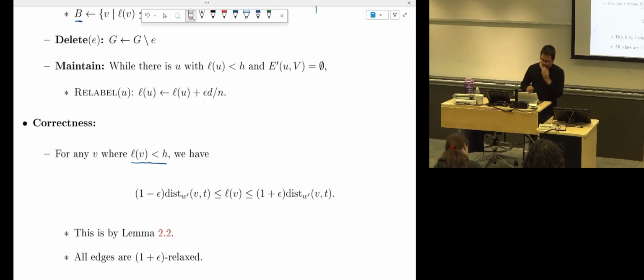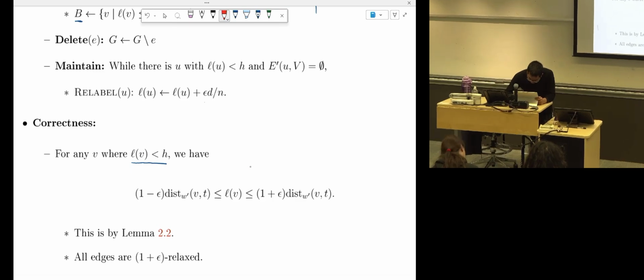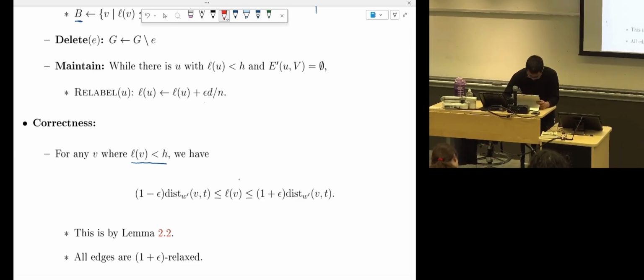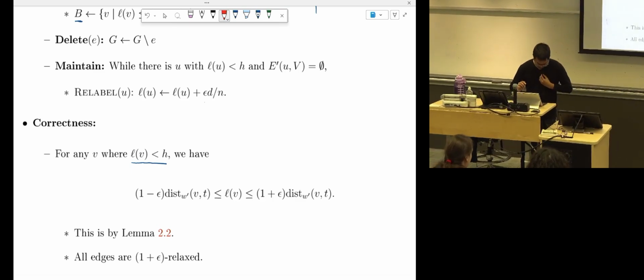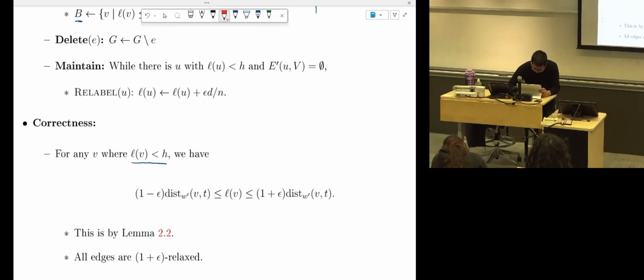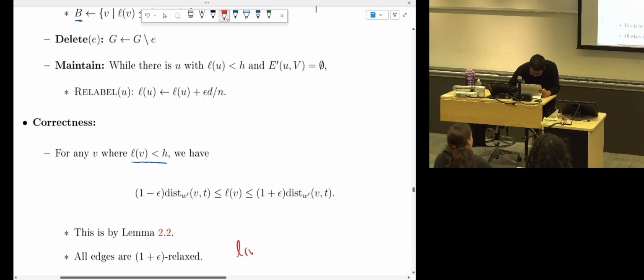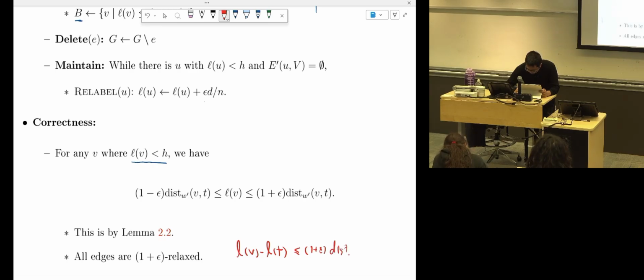So why is that? Well, we know that, first, let's look at this thing, right? This is at most 1 plus epsilon distance.